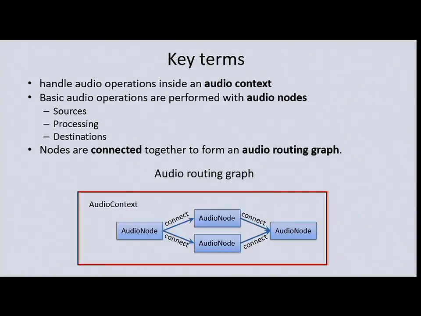A few basic terms before we get to the point of developing the simplest Hello World application. Audio operations are handled inside an audio context. One needs to define the context, and then when any audio operation is performed, you refer to that context. That way it's possible to have multiple contexts, say two different audio streams happening at the same time.